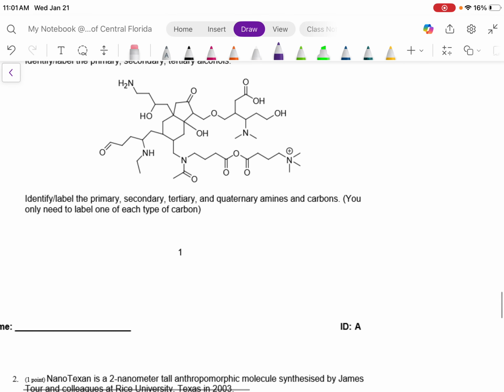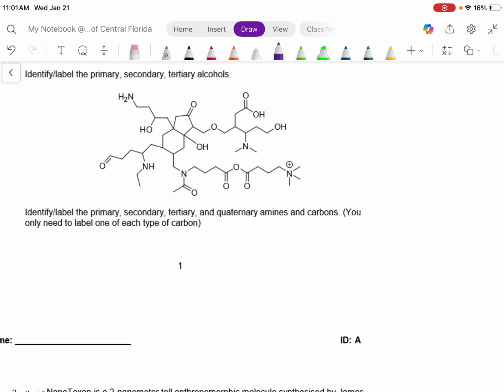So let's label the amines. So this one right there would be a tertiary amine. That would be a quaternary amine. This one would be a secondary amine. And that one would be a primary amine. Do the same thing for carbons, but we don't have to do every single one.